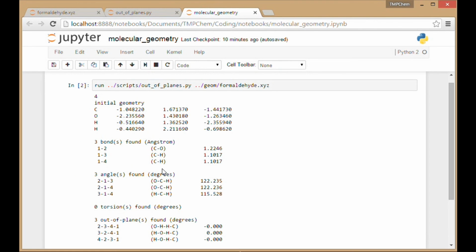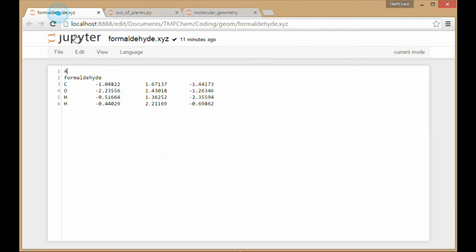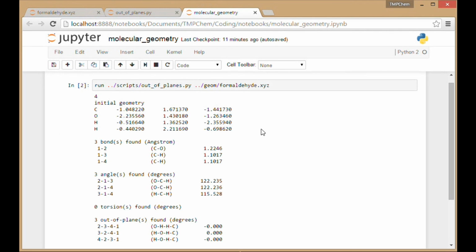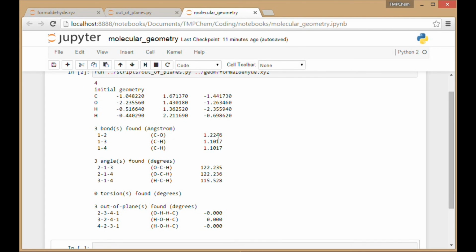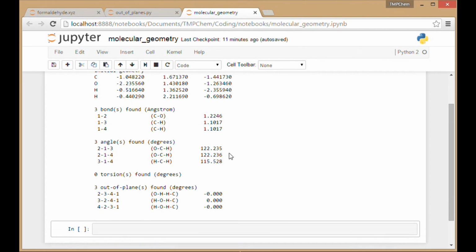So the values that I have out here, if I execute this script for the out-of-planes.py for the geometry of formaldehyde, the molecule I had from Avogadro earlier, those are its XYZ coordinates.